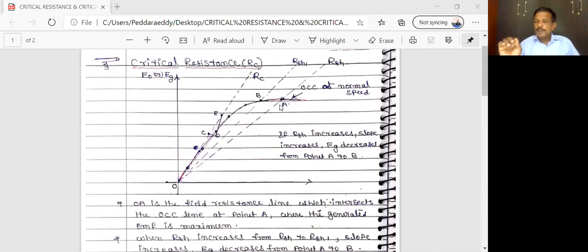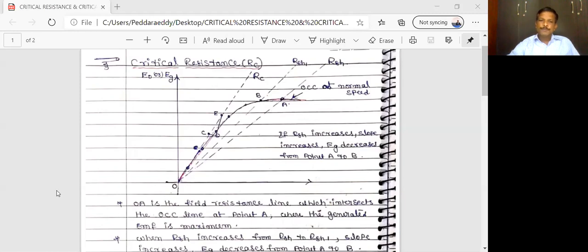That is the maximum point where the EMF induced is maximum. Beyond this point, there is no change in generated EMF, even though you increase the field current IF. Okay, so this is the maximum point. A is the maximum point.